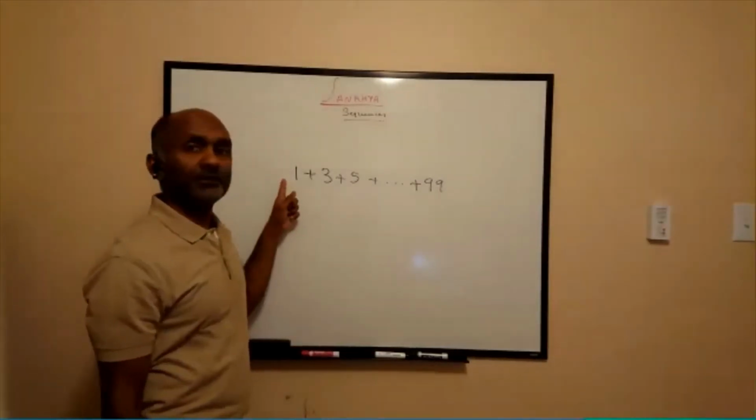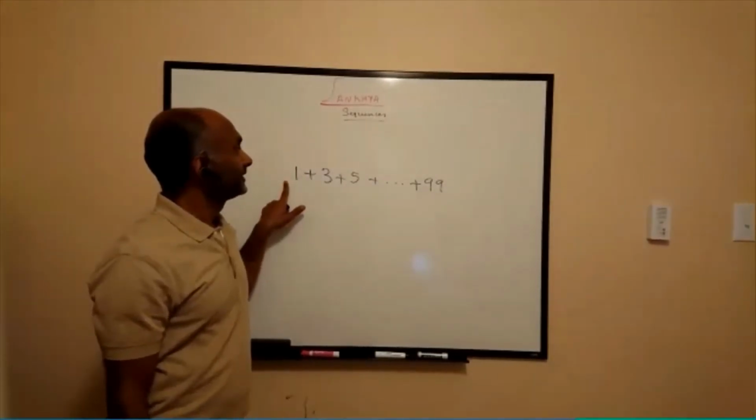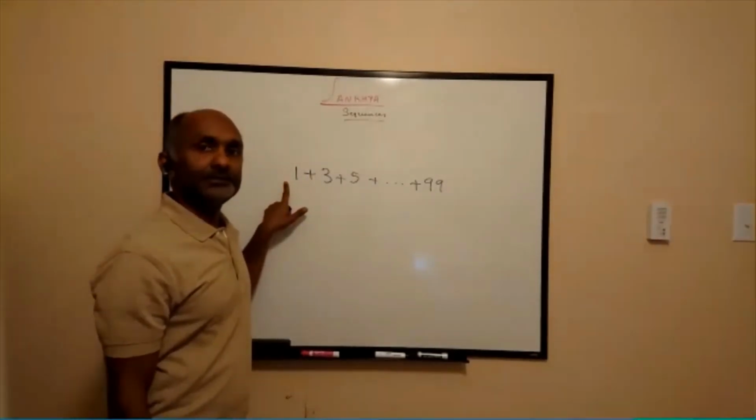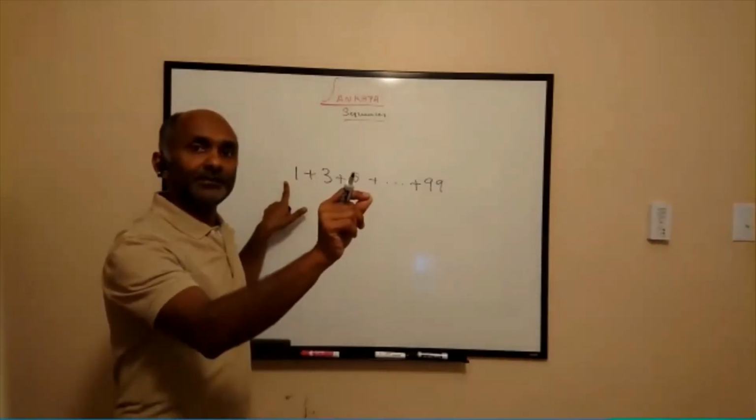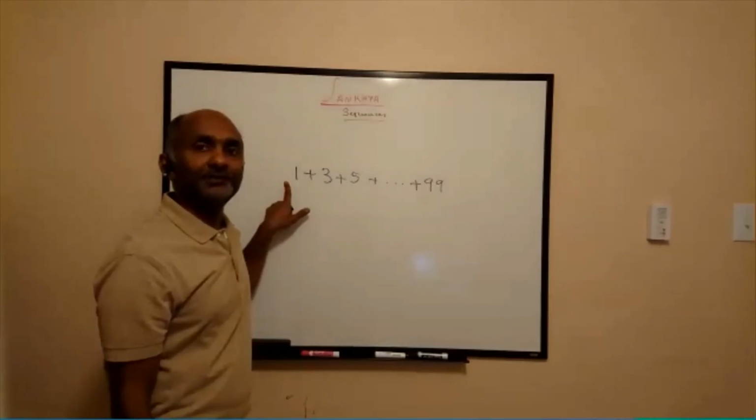So here the thing to recognize is this is odd, isn't it? Since it's odd numbers, from your memory, you have to pull out the formula for the sum of the first n odd numbers.